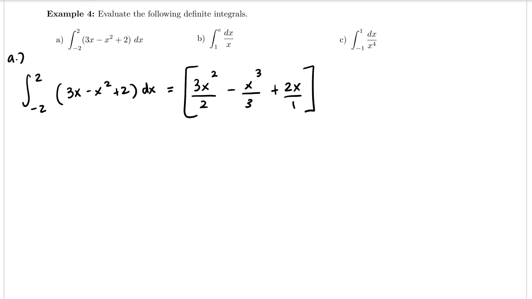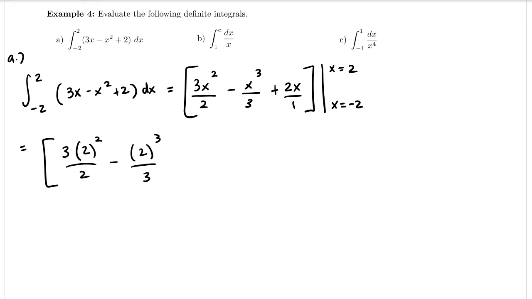And I'm once again going to put brackets because I'm evaluating this entire function from x equals negative 2 to x equals positive 2. So let's go ahead and plug in those numbers. I have 3 times 2 squared over 2 minus 2 cubed over 3 plus 2 times 2. And then I want to subtract off, and I want to plug in negative 2 now anywhere I see an x.